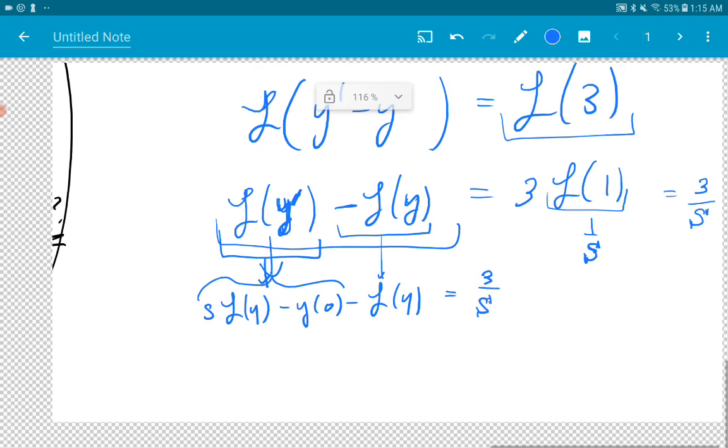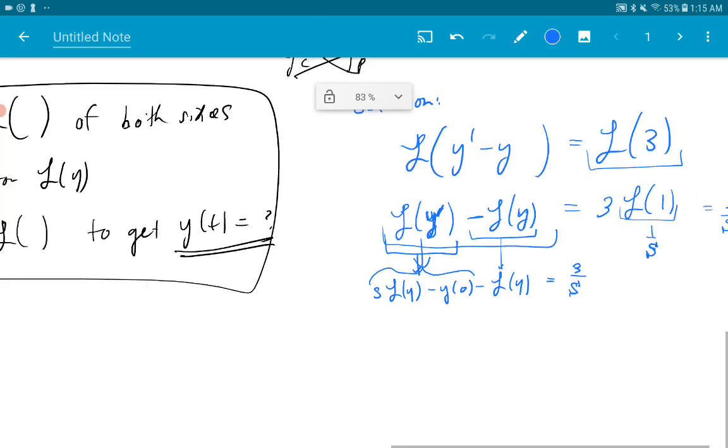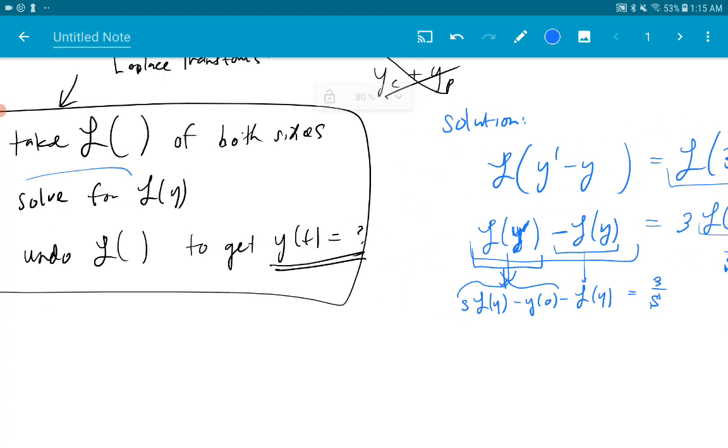Okay, so we accomplished step 1. Step 2 says use that expression to solve for the Laplace transform of y. But actually, I should have said, and substitute any initial conditions. We might as well do that now. In other words, do we know what y of 0 is?